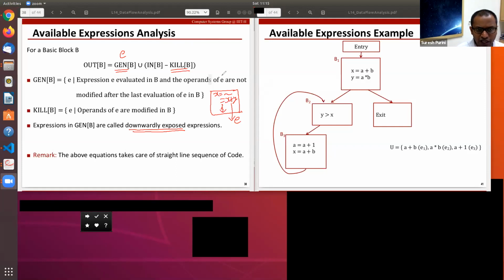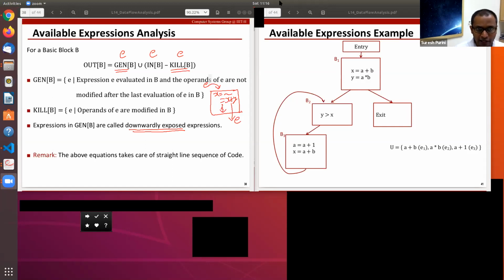Let's say the expression x plus y is available at the beginning of this basic block. So what happens is the expression E, available at the beginning of the basic block, gets killed because its operand is getting modified, but then it is getting locally regenerated through this Gen B set. So we are in a good shape, so there is no problem. So please keep that in mind.